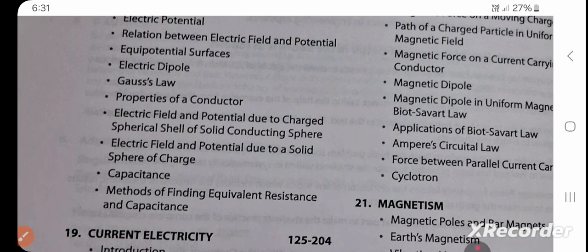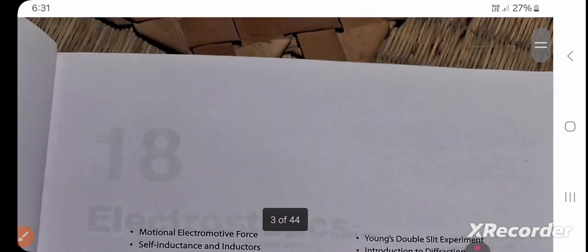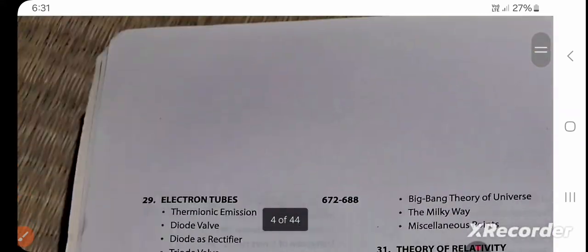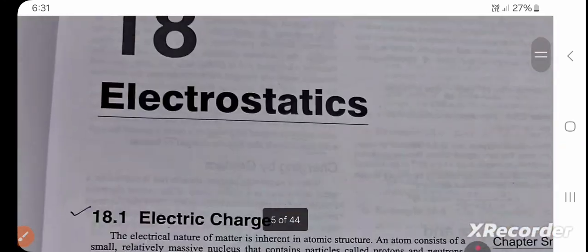Then it talks about capacitance and methods of finding the capacitance. So let us discuss the first chapter, that is electrostatics.